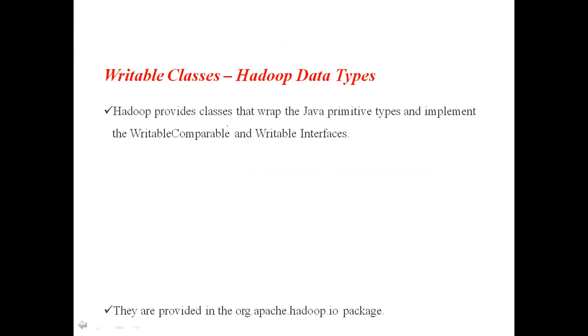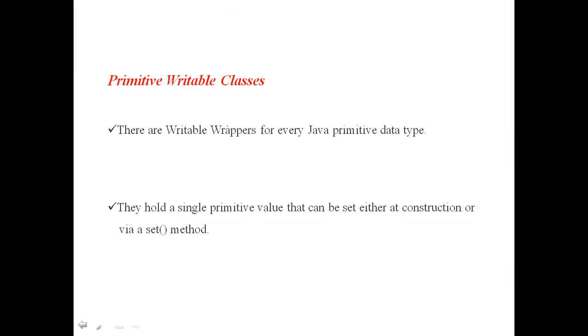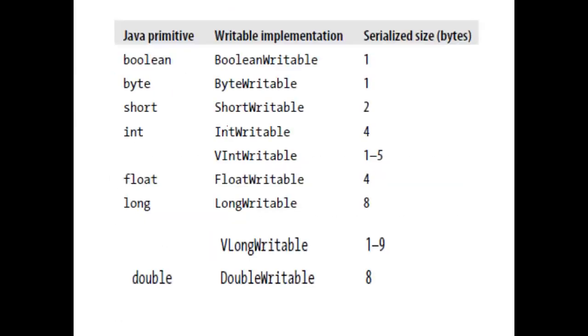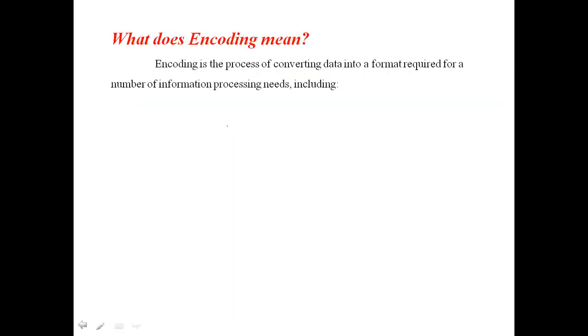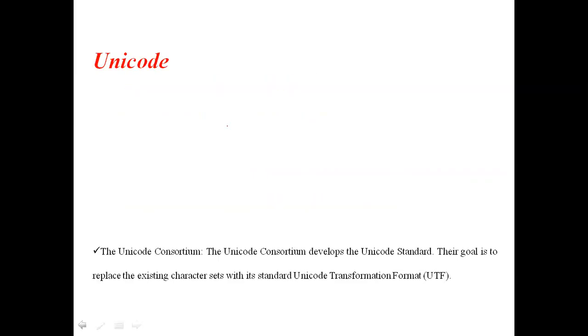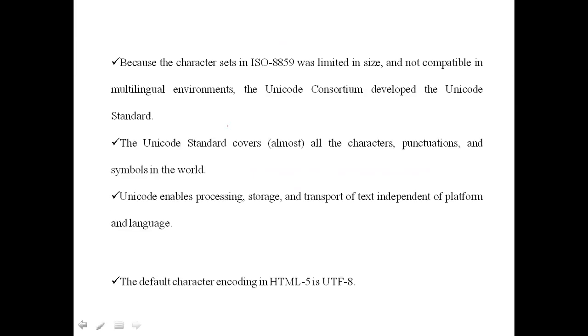Later we have already seen the writable classes. For every Java primitive data type, we have the corresponding Hadoop writable available. After these, we have seen additional writable classes, like byte writable, which is used for creating an array of bytes.